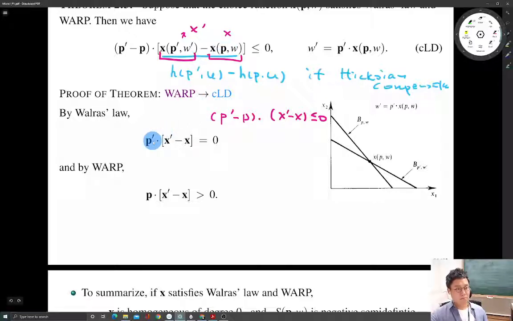By Walras law, if we apply the Walras law to x prime, we know that p prime dot x prime is equal to income w prime, but w prime is adjusted, so income was adjusted to p prime dot x. So we must have p prime dot (x prime minus x) equal to 0.